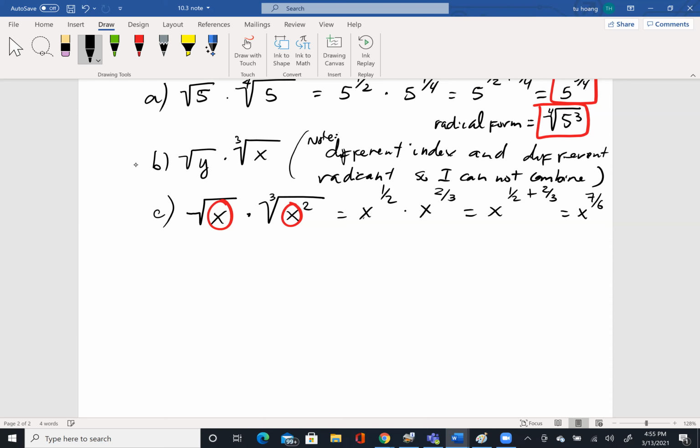So x to the power 7/6 should be the answer. Or you can rewrite it as the sixth root of x to the power 7. That's another answer in radical form.